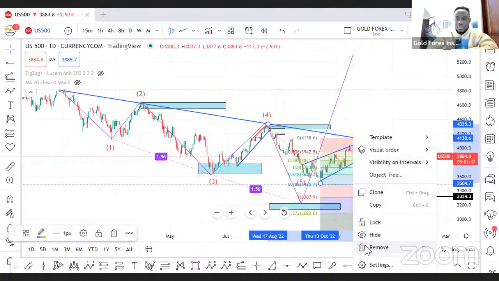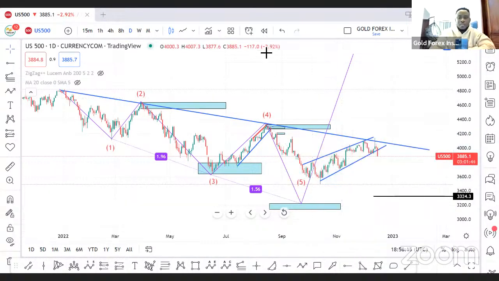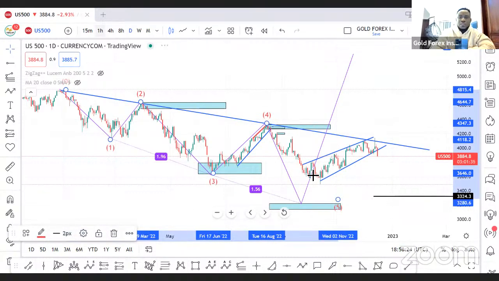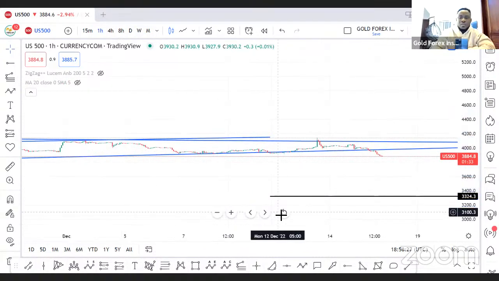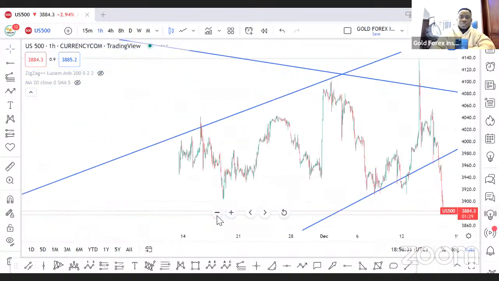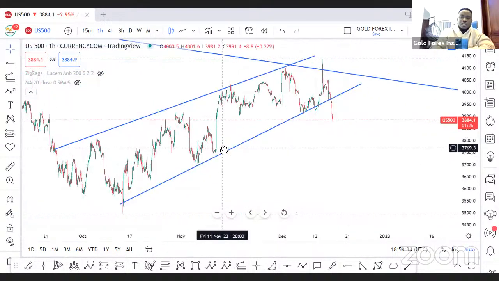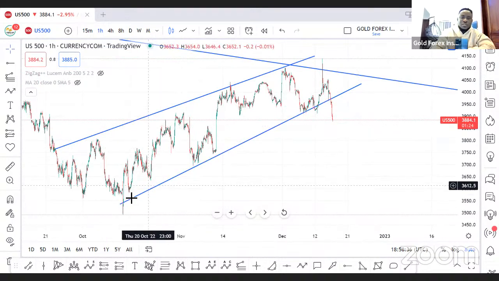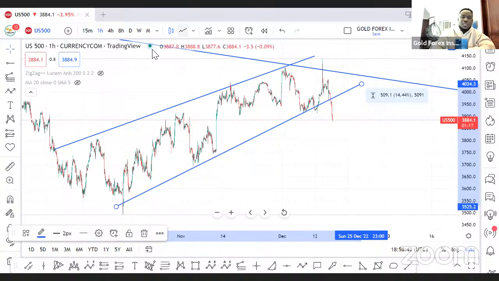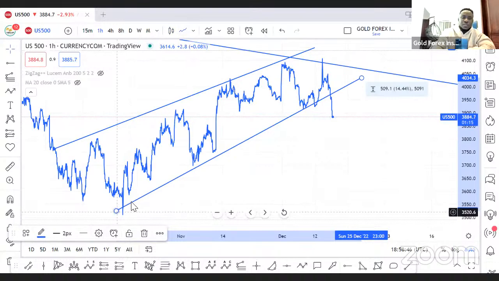Then on the lower time frame, the 1 hour, we still need impulse correction impulse. We still need a correction. Let me change to a line chart to give us a clear view.